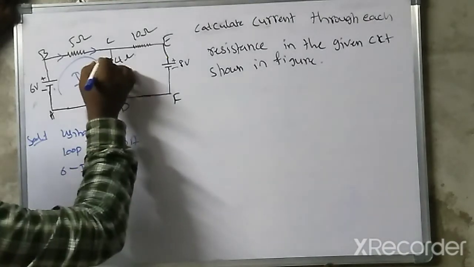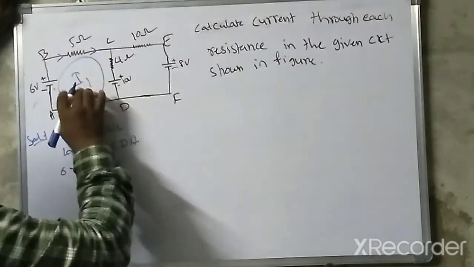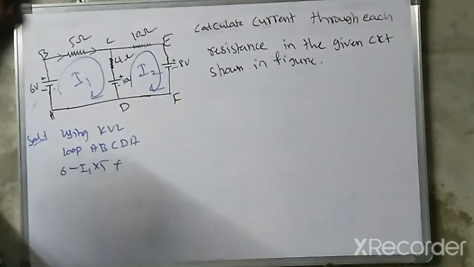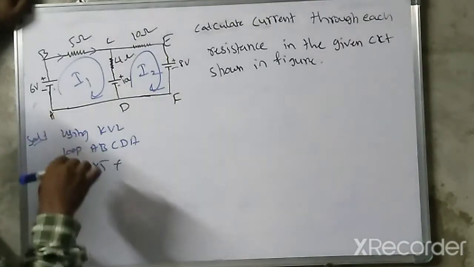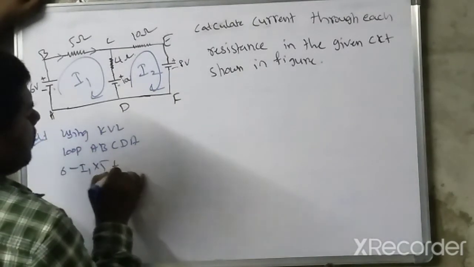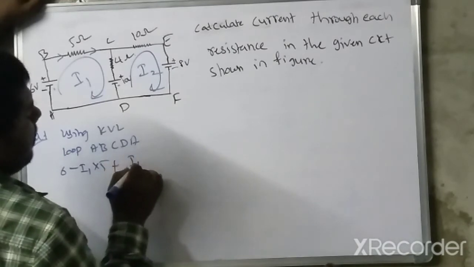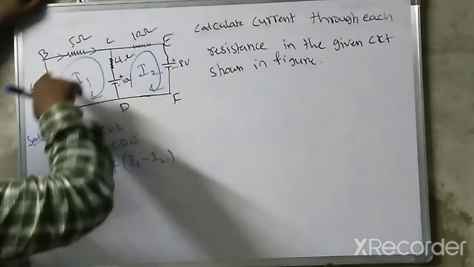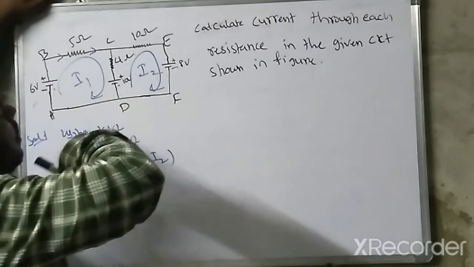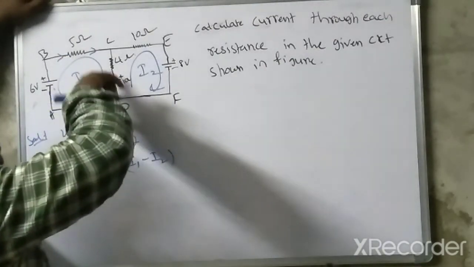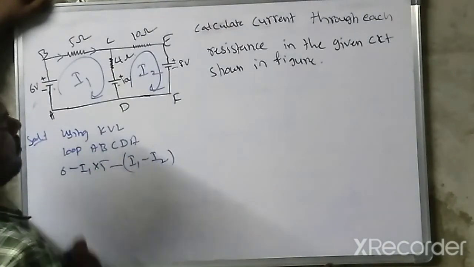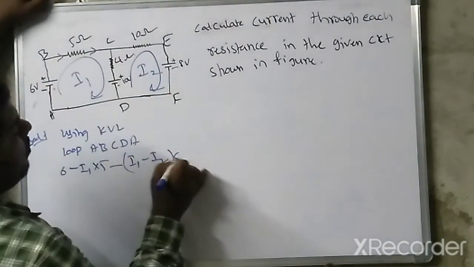Plus, the current direction downward, I1 downward; in this loop, I2. So the I1 minus I2 current direction is the same and your path direction is also the same, that's why you write minus into 4.